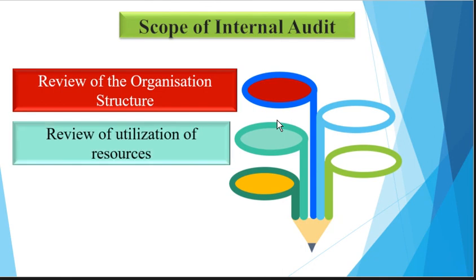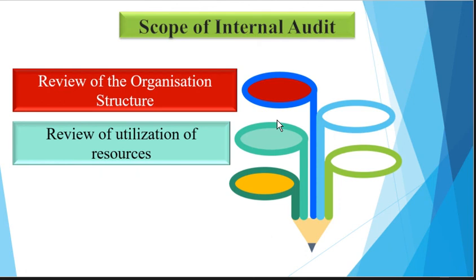Next is review of utilization of resources. The internal auditor should check whether proper operating standards and norms have been established for measuring economical and efficient use of resources. They should be detailed enough to be identifiable with specific operating responsibilities and should be capable of being used by operating personnel for monitoring and evaluating their performance.